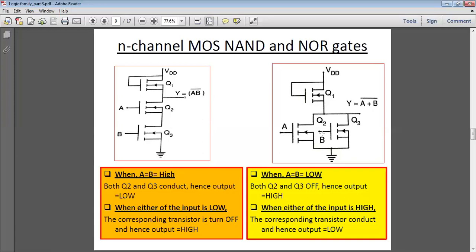When either A or B or both are high, the corresponding MOSFET will conduct or both will conduct, and the potential at that point will go to ground potential, that is low. So when A or B or both are at high level, the output will be at low level. So this right-hand circuit acts as a NOR.